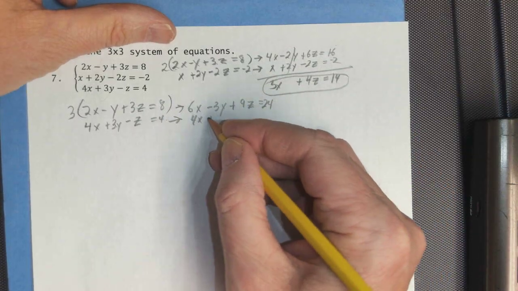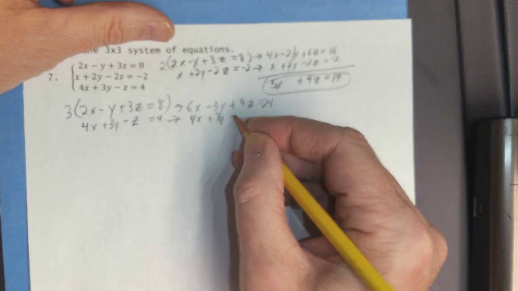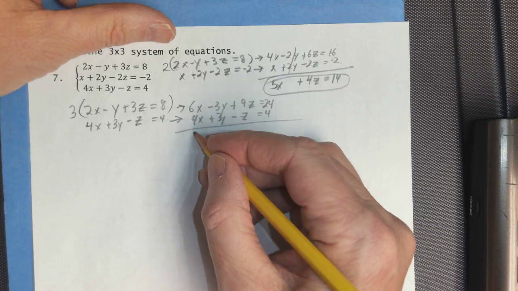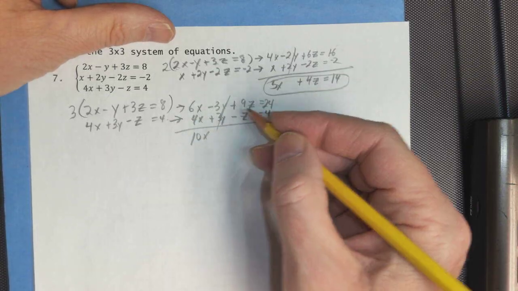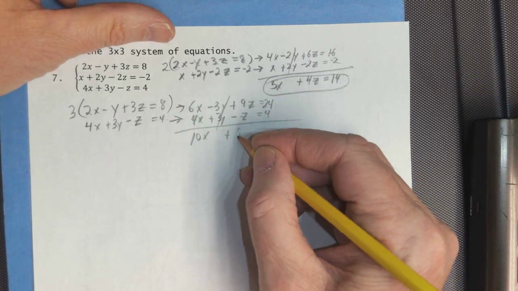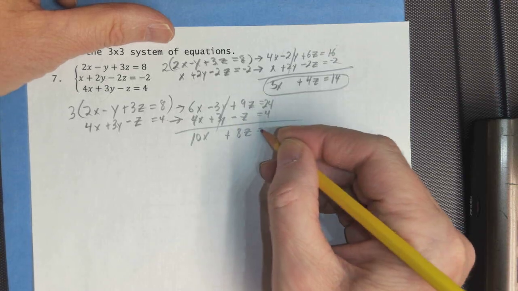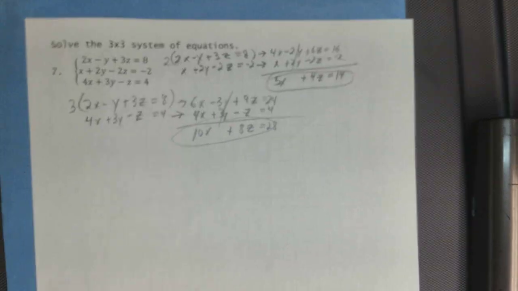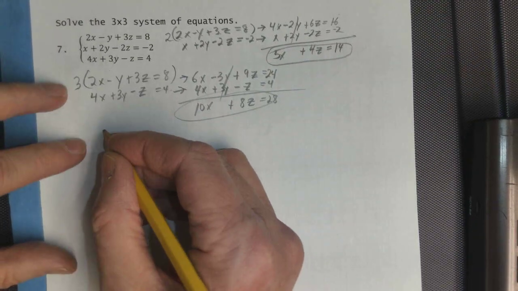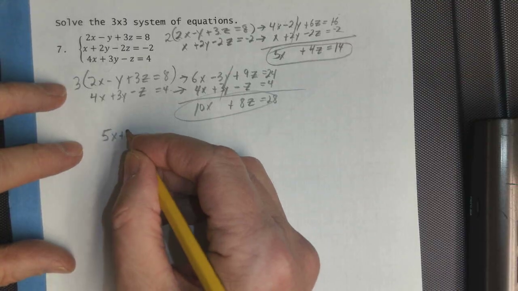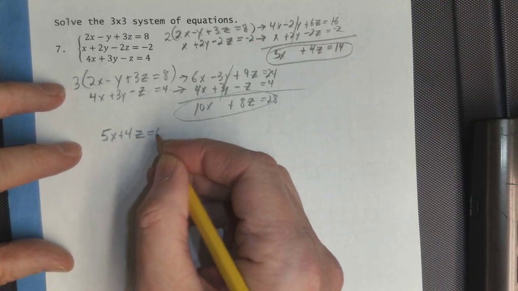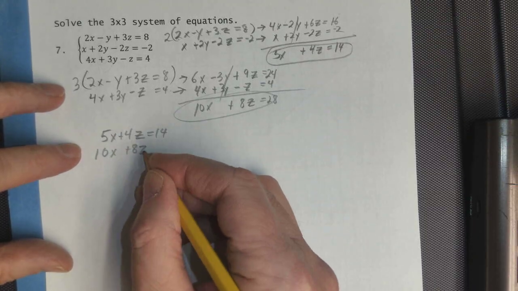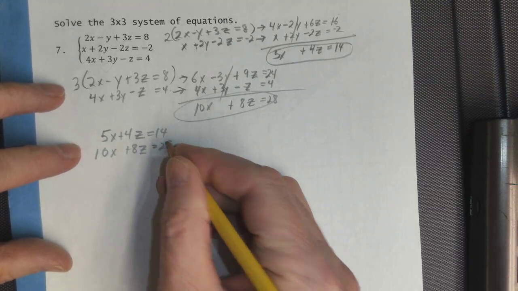This one stays, so 4x plus 3y minus z equals 4. 10x, canceled y's, plus 8z equals 28. Okay. 5x plus 4z equals 14. 10x plus 8z equals 28. Uh-oh.